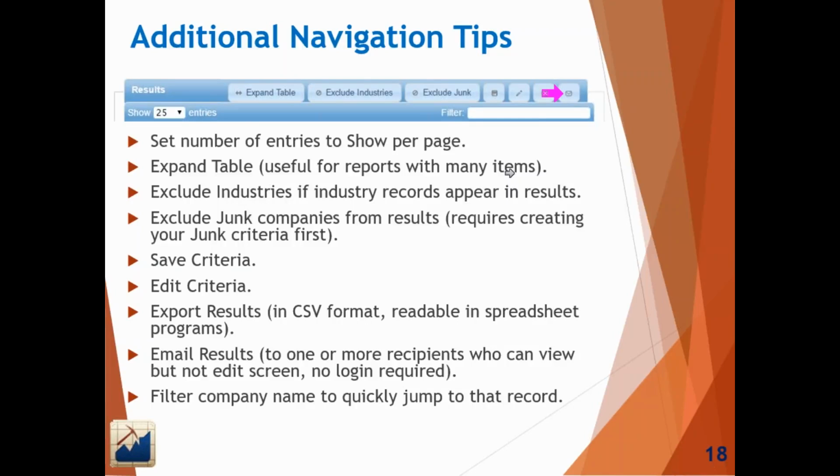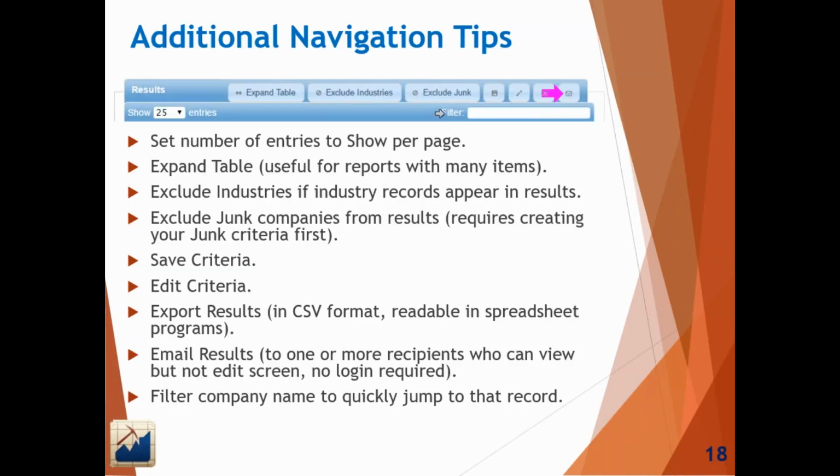They can view the results, but they can't edit them, and they don't need to log into the program. This is great for investment clubs where one person has a subscription to My Stock Prospector and does the screening, and then emails the actual screen results to the members who click a link, and from there they can view the results, and they can decide which companies they might want to work on for the next club meeting.